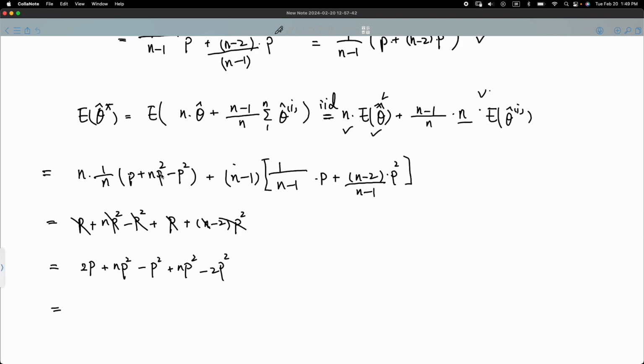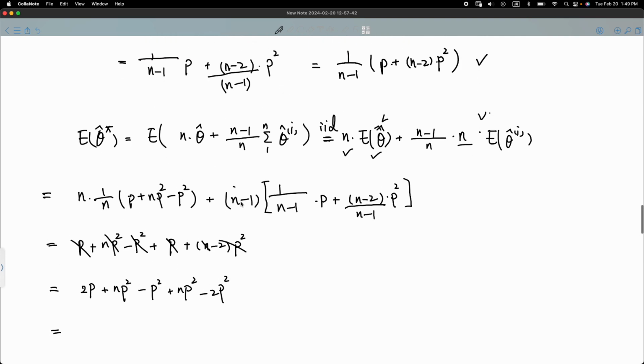P squared minus a p squared plus a p plus n minus 1. Okay, I must have some typo here.